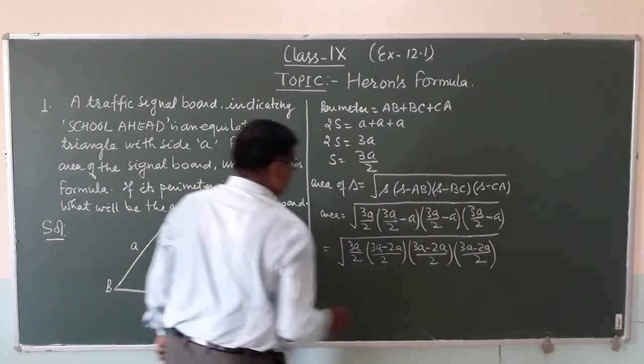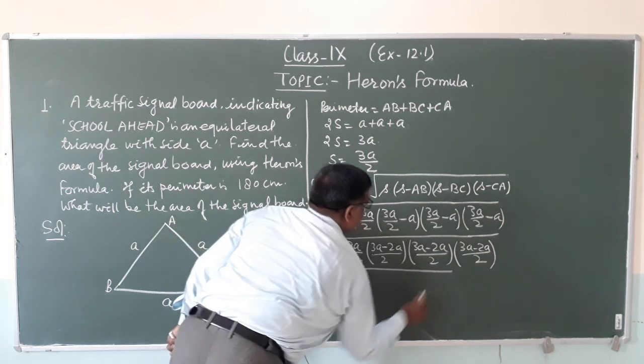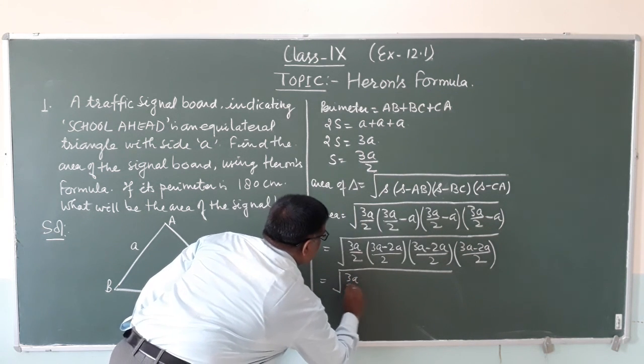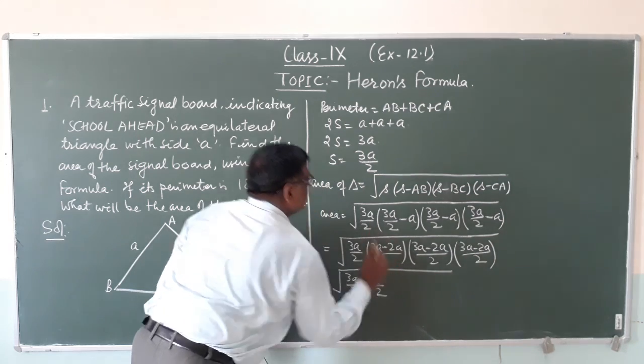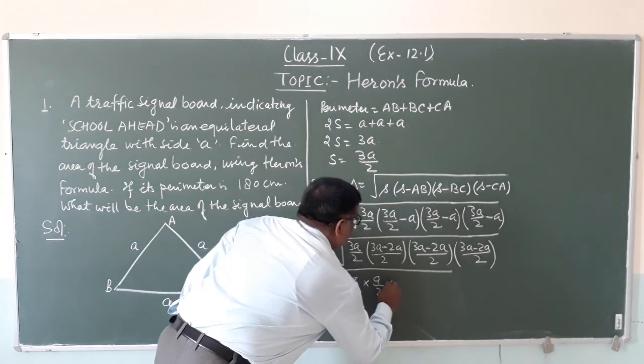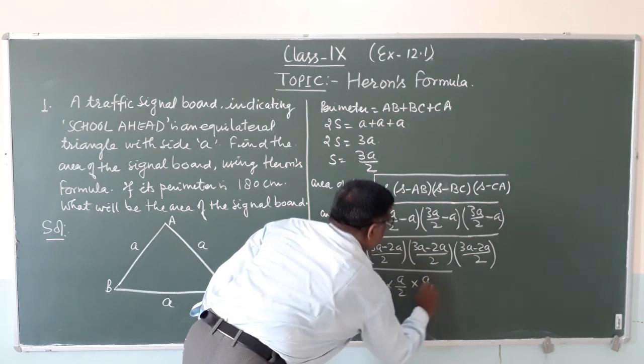This can be written as root over 3A by 2 into A by 2 into A by 2 into A by 2.